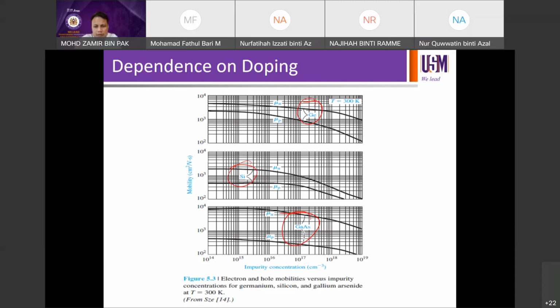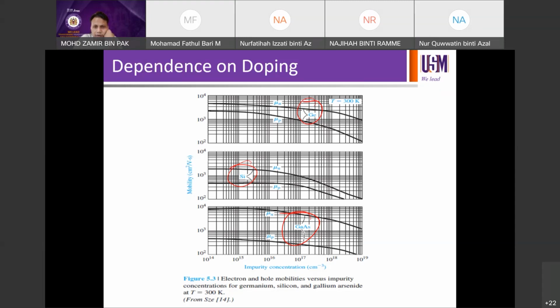Okay, so let's have a look at, say, 1 times 10 to the 17 of doping concentration.